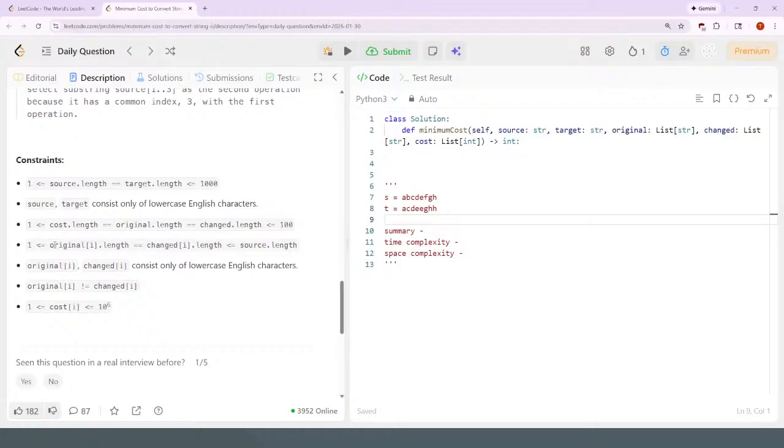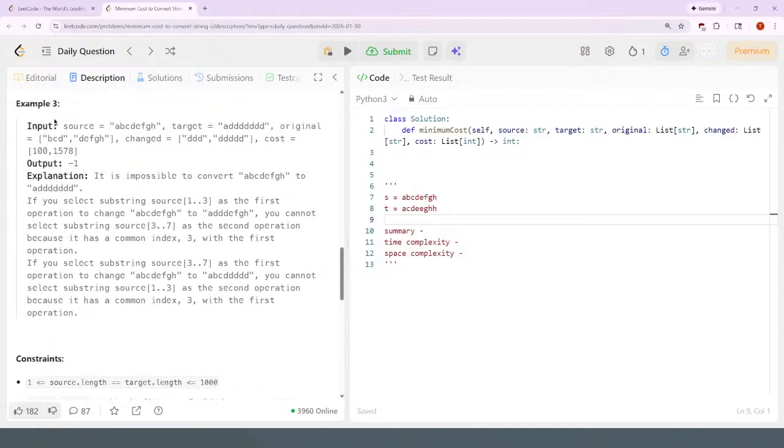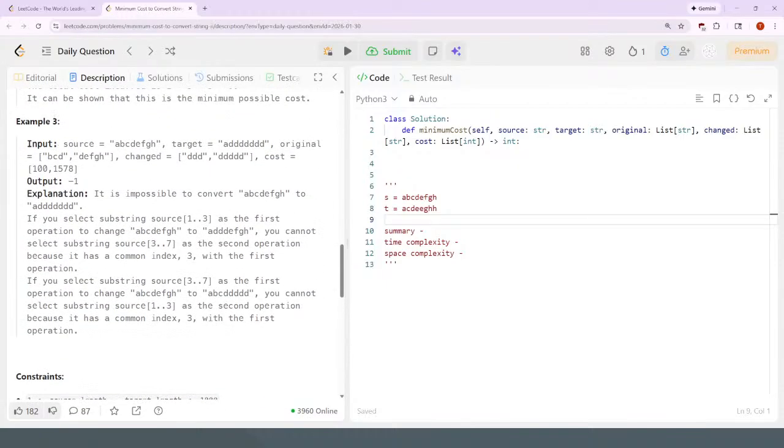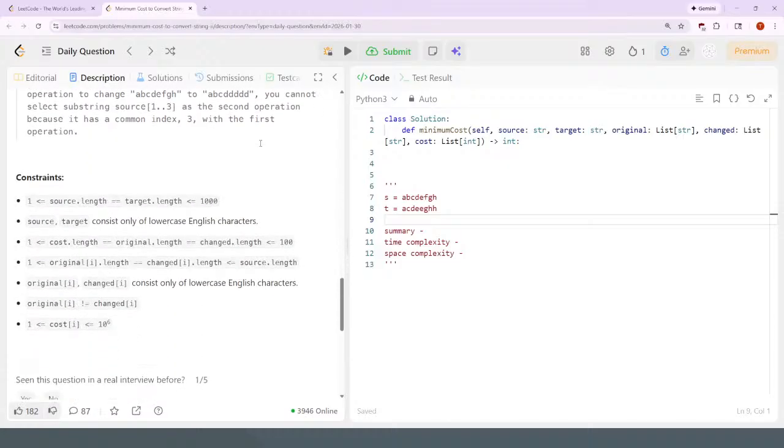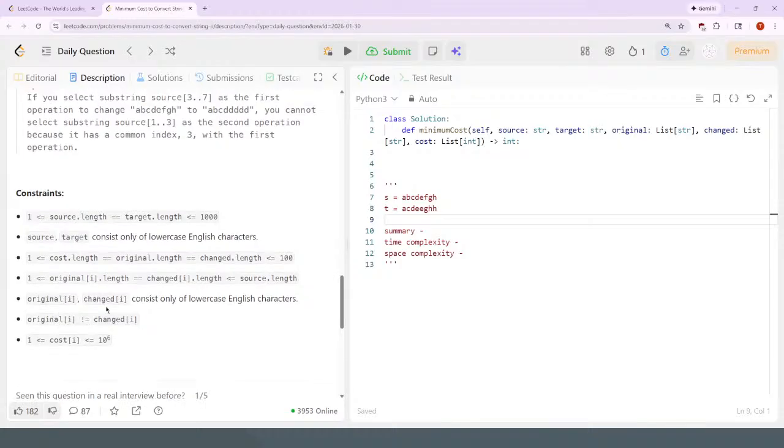But it's not guaranteed that they're all the same. Well, I guess that's this example. You have 3 to 3 and you have a 4 to 4 length exchange. All lowercase. Interesting.